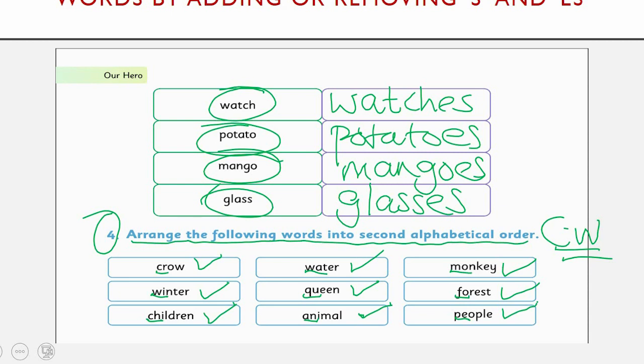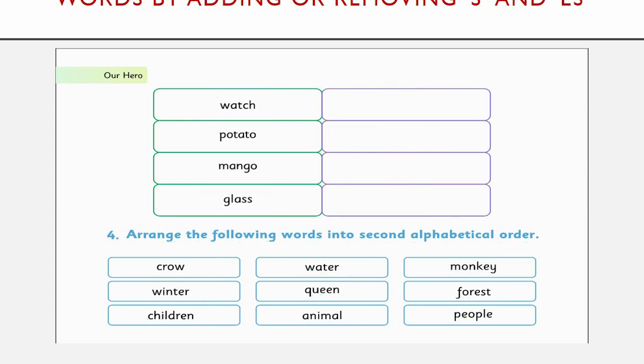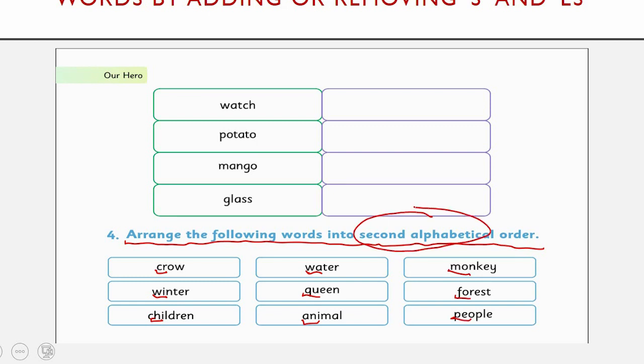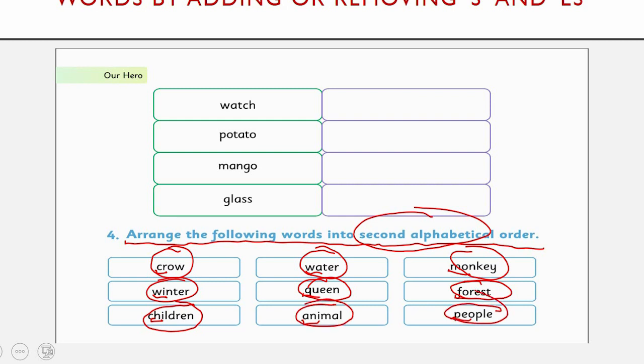Please do focus on the pronunciation of each word. I'm going to read them again. Arrange the following words into second alphabetical order. You need to look at the first 2 letters and then you will arrange them as per the second alphabet. Crow, water, monkey, winter, queen, forest, children, animal, people.